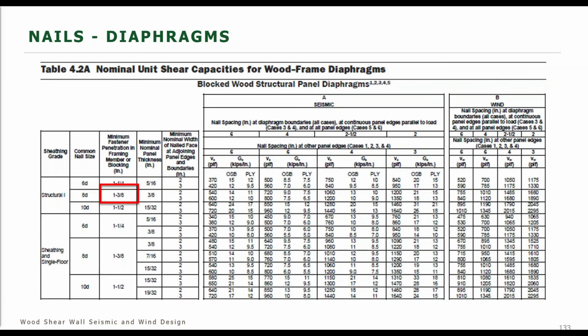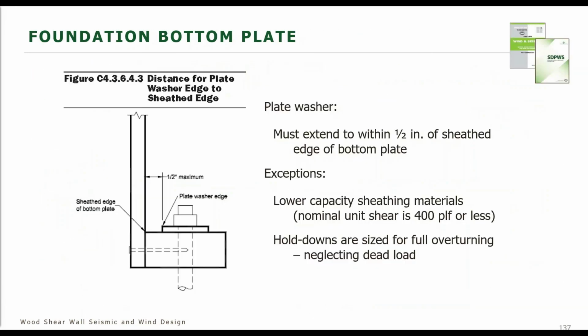And I'll skip this, but there's one other thing I want to go to because we'll come back to that in the Q&A. Here's another one related to the sill plate. Now, we've had questions about 3x sill plates, and that was in the IBC, but that was never in the wind and seismic provisions.